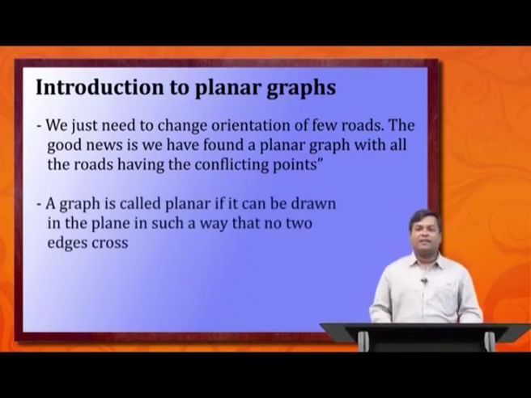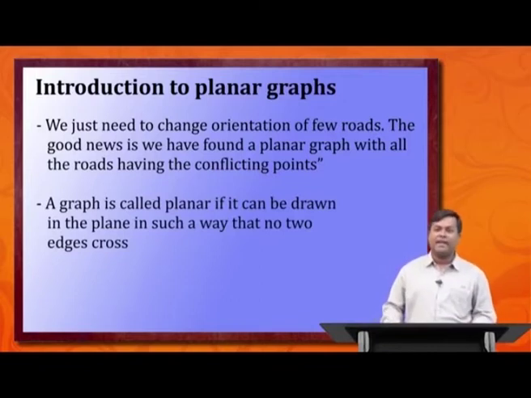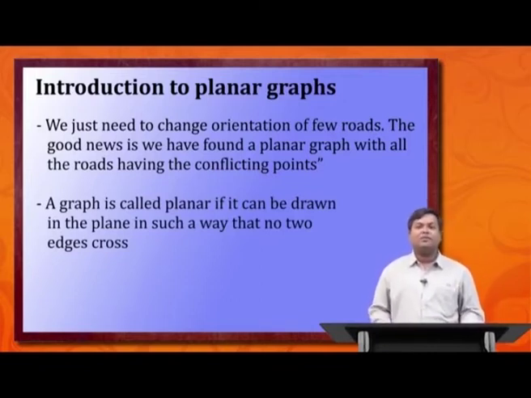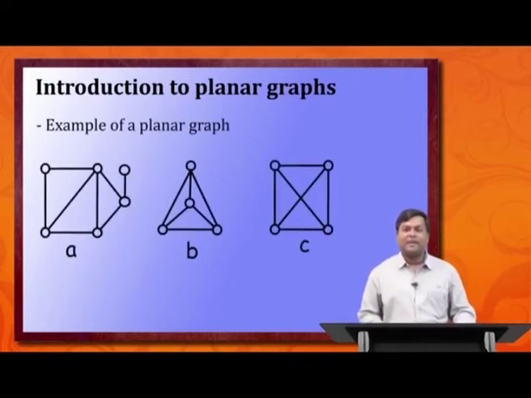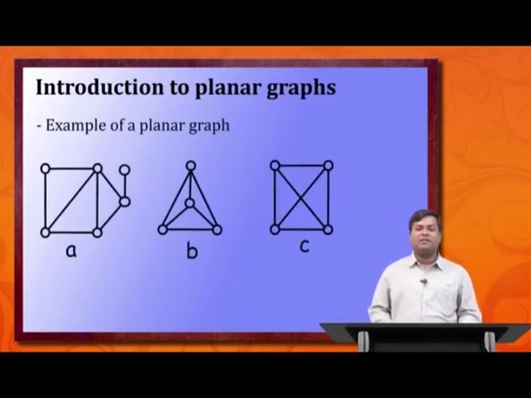A graph is called planar if it can be drawn in the plane in such a way that no two edges cross. So we have given 3 different examples of planar graphs. The first one, obviously there is no edge crossing in graph A, so it is planar. Again in graph B also there is no edge crossing, so that is again a planar graph.